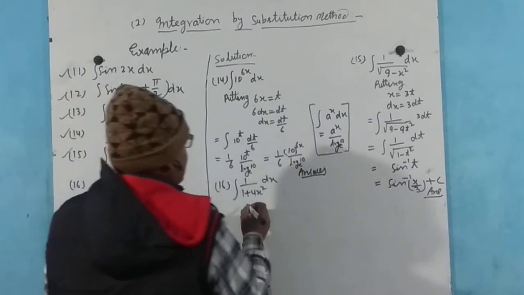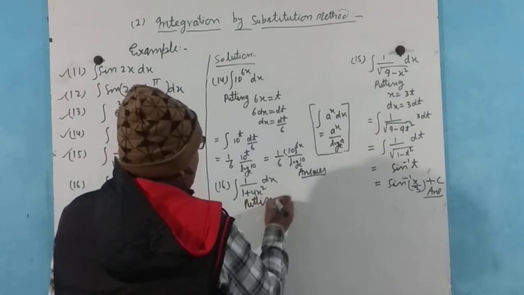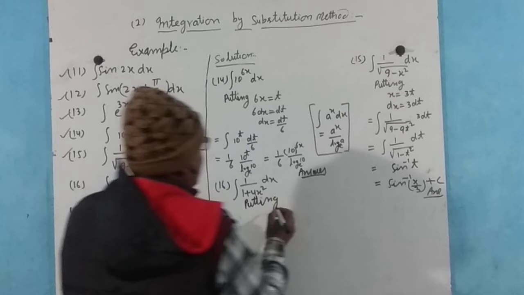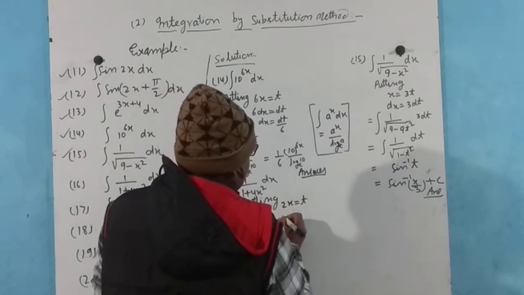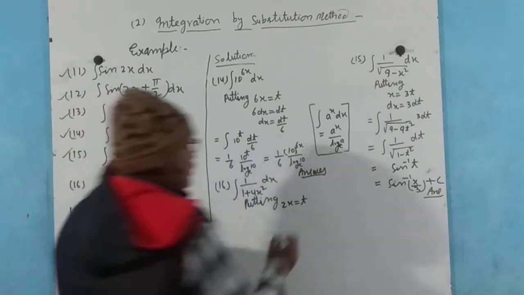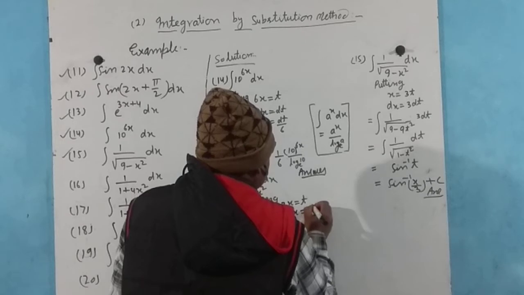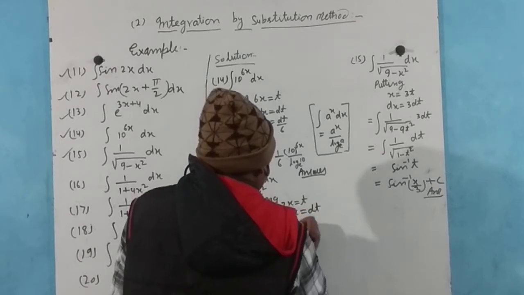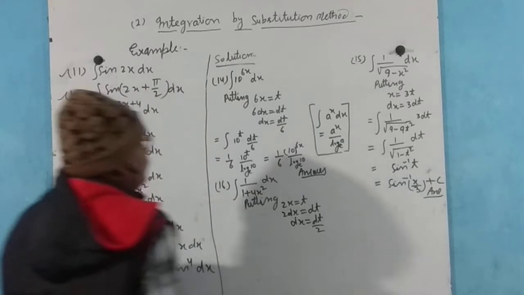So putting 2x equal to t, differentiate it with respect to t: 2 dx equal to dt. It means that dx equal to dt by 2 here.